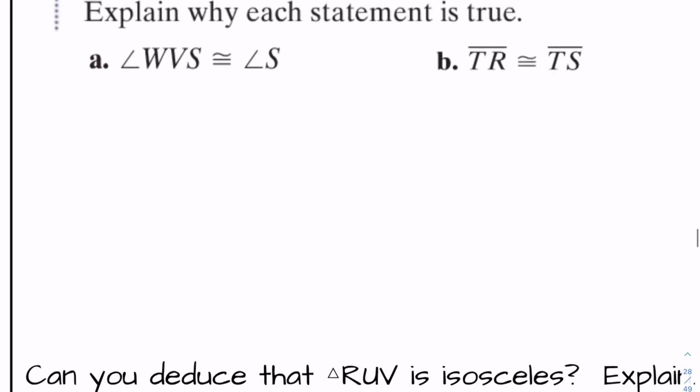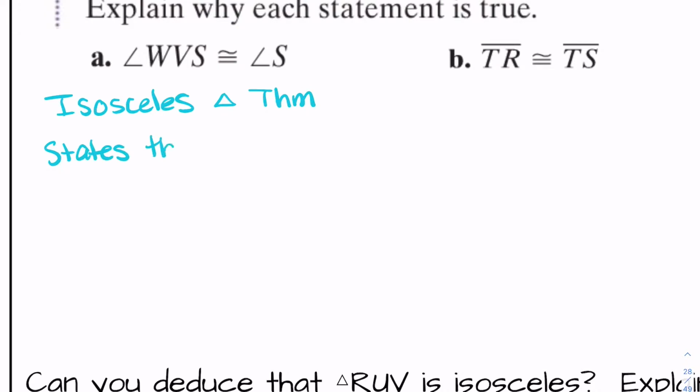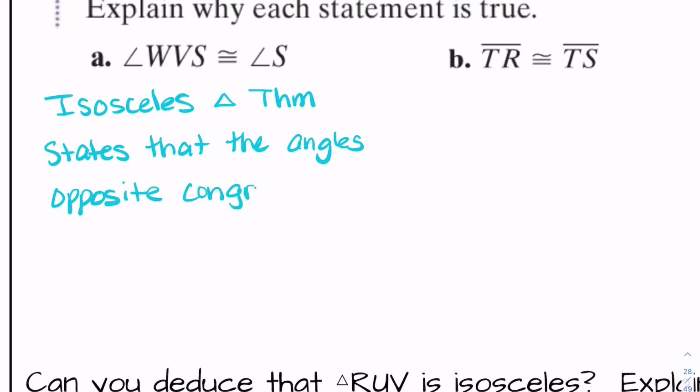So we're going to say, explain why this is true: the isosceles triangle theorem states that the angles opposite congruent sides are congruent.